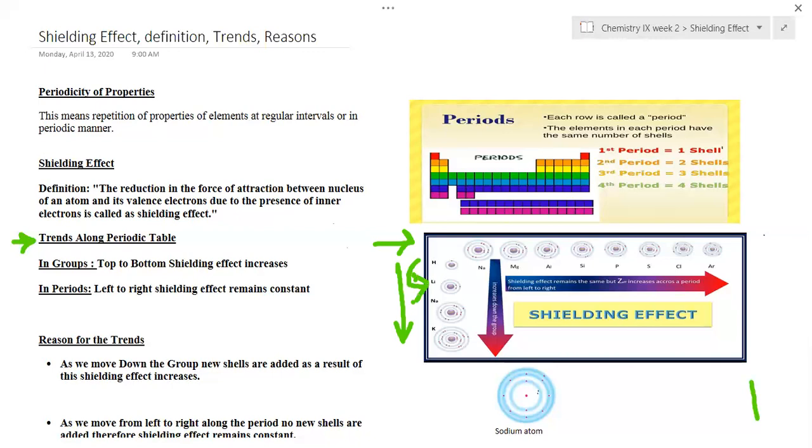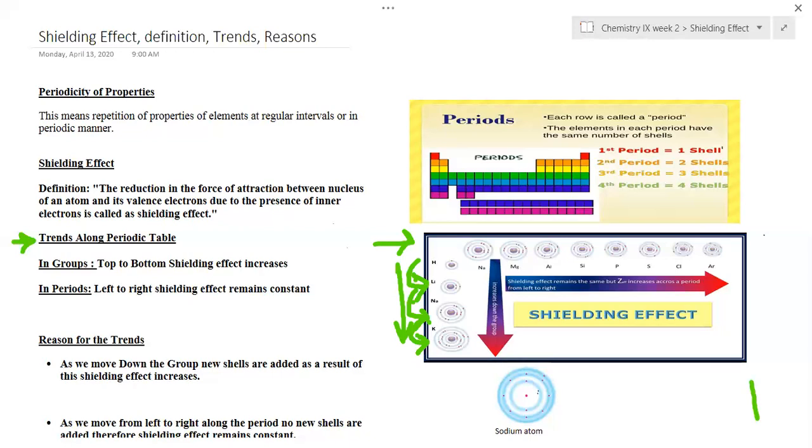Hydrogen has one shell, lithium has two shells. From lithium to sodium, it is from two shells to three shells, and from sodium to potassium, it becomes four shells. So with every added shell, the shielding effect increases.